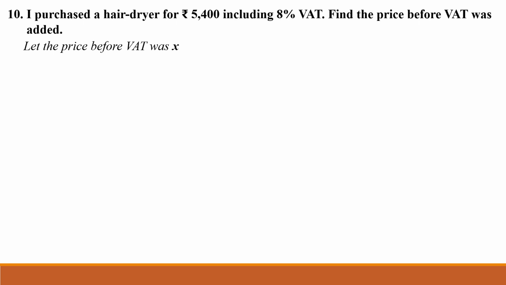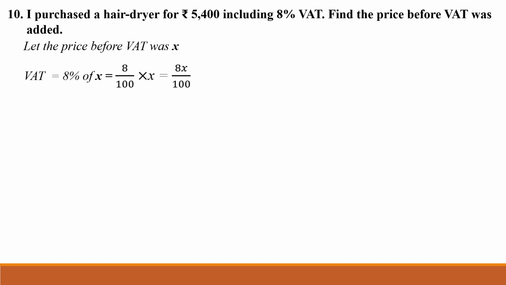Now on rupees x we have to pay 8% as the VAT. So the VAT will be 8% of x, which when we simplify gives us 8x by 100. If you wish, you can simplify this a little bit also. I have kept it like this. We will simplify it at the end.